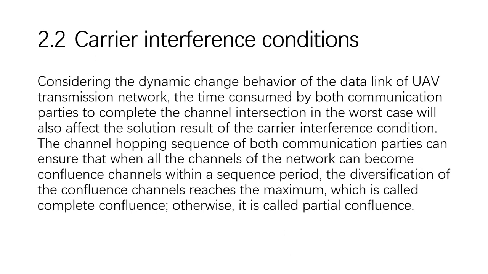The channel hopping square of both communication paths can ensure that when all the channels of the network can become confluence channels with a square period, the diversification of the confluence channels reaches the maximum, which is called complete confluence. Otherwise, it is called partial confluence.